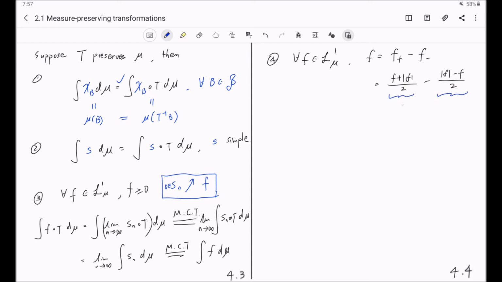They are both non-negative, so you'll be able to use this third step and the linearity of the integral to conclude that this equality holds for any integrable function. And this finishes the proof. That's it.